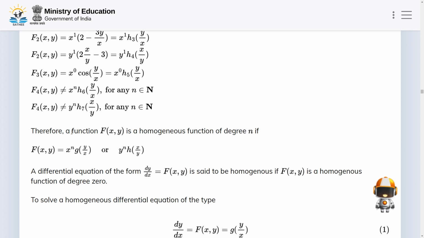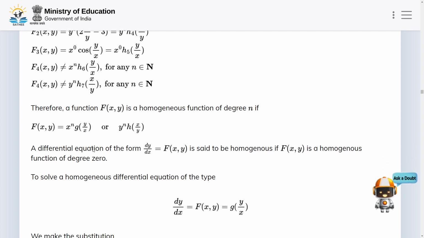Therefore, a function is a homogeneous function of degree n if f(x, y) is equal to x power n times g(y divided by x), or y power n times h(x by y). Clear? A function f is a homogeneous function of degree n if this happens. There is another form.